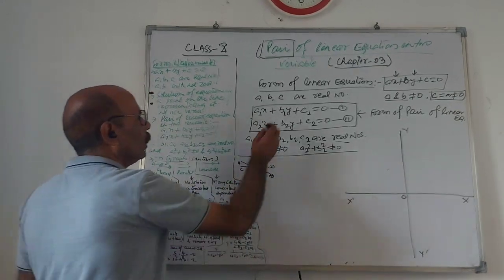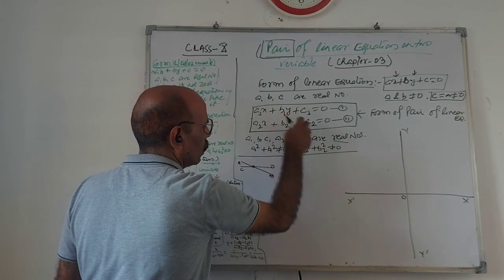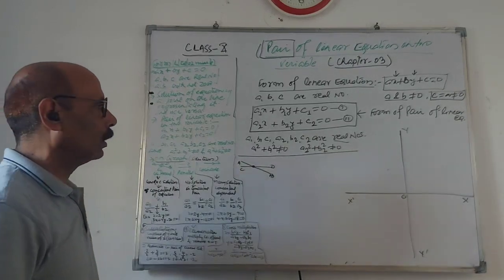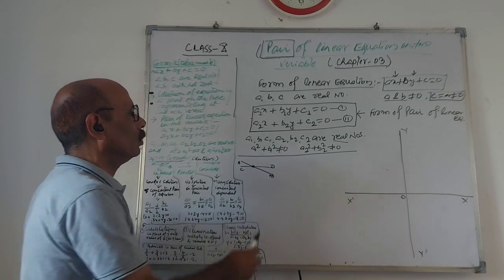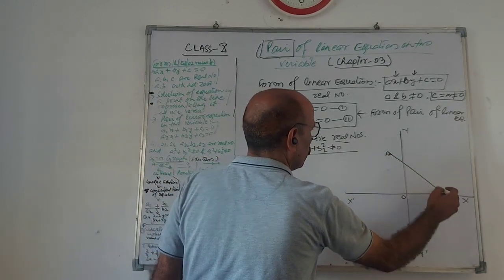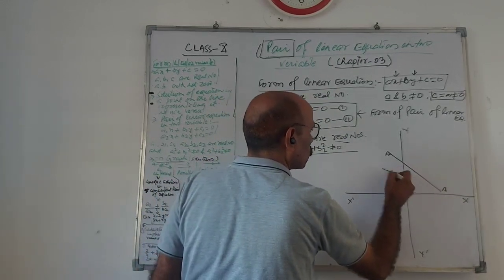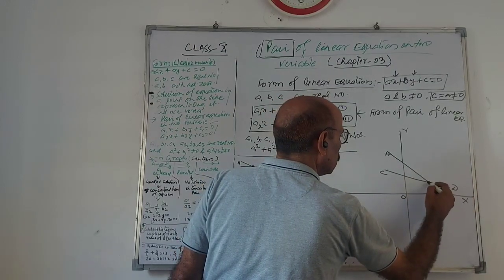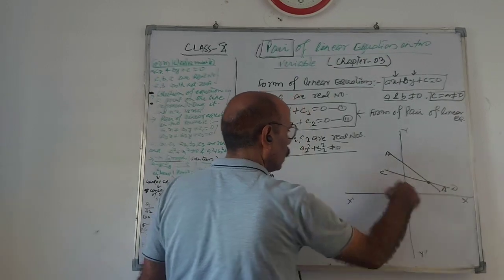In class 9th you have learned how to convert an equation on the graph sheet. So if you convert these equations, suppose like this AB and another like this CD, here is the intersecting point, maybe at any place.